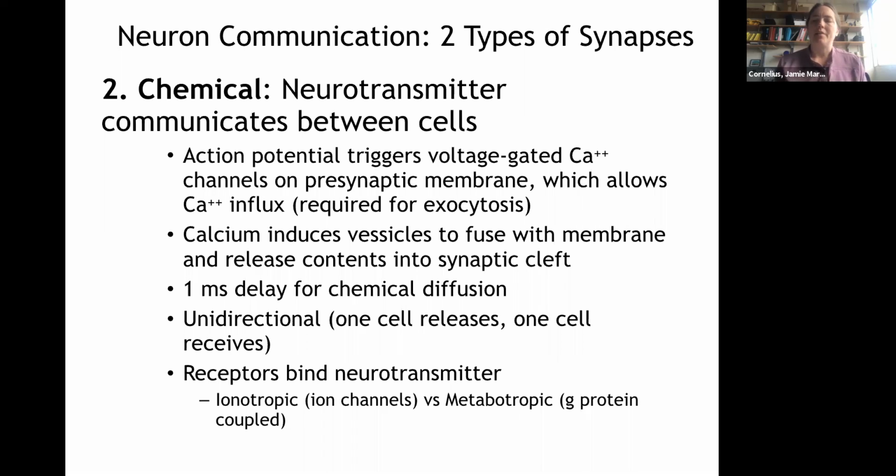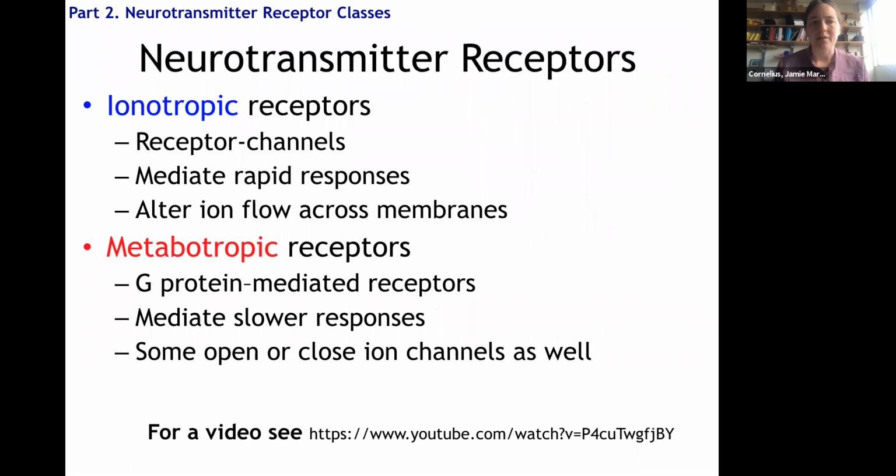The receptors on the postsynaptic cell obviously are super important for coordinating the response in that cell. So they're going to bind the neurotransmitter, and we'll talk about two main types of those neurotransmitter receptors. Those are called ionotropic and metabotropic. Tropic means growing, so ionotropic means growing ions. And these are basically just receptor channels.